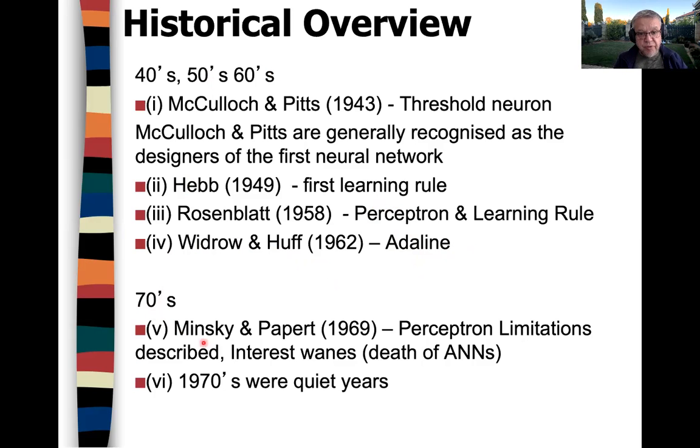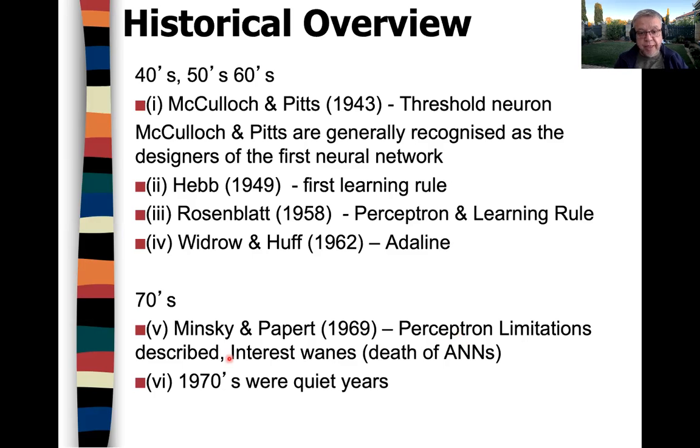In the 70s, Minsky and Papert in 1969 came up with the limitations of the perceptron. As we're going to see later, they showed that the perceptron cannot work for the XOR case.